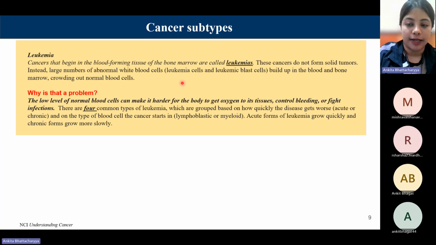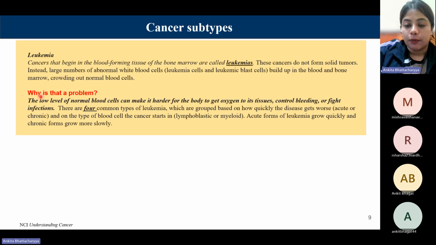But these white blood cells are not normal, they're abnormal. As a result, they are not doing their function properly. And they're using up the body's resources and compromising the health of all the other cells. They also build up within the blood and the bone marrow and crowd out the normal blood cells. As a result, there's a competition between those cells.